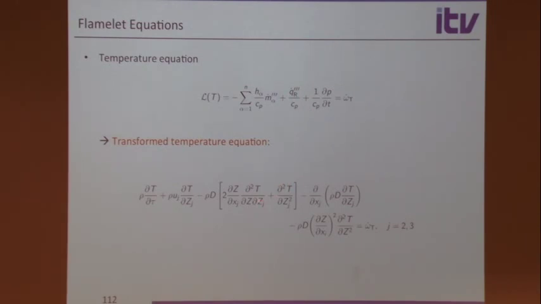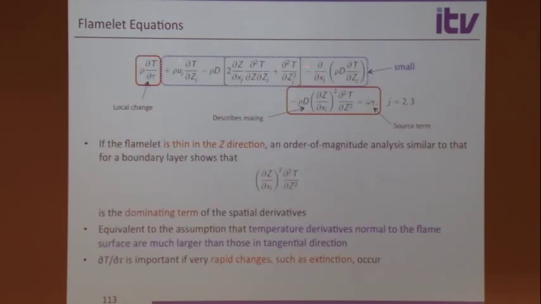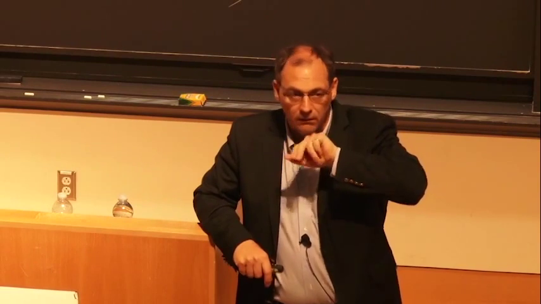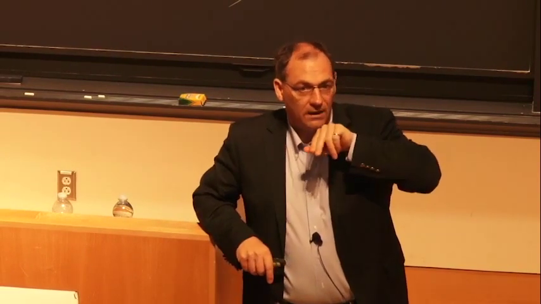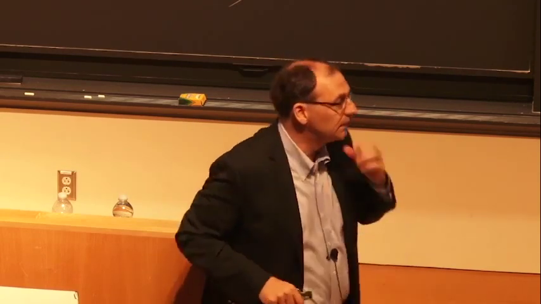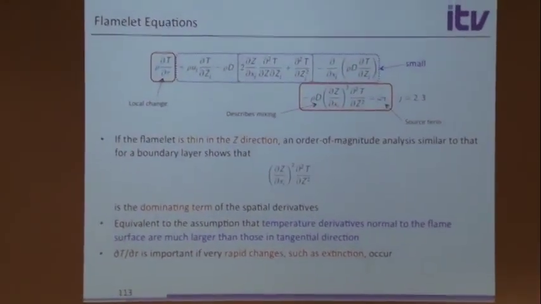Again, there are these terms here in the z2, z3 direction, and then we say, okay, if you sit on the surface of stoichiometric mixture, and you look at changes in the direction of the gradient of z, so that's where the equivalence ratio changes, if these changes are much larger than changes along the flame surface, then we can drop these blue terms here, and then only the red terms remain.